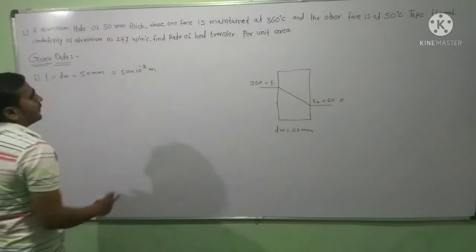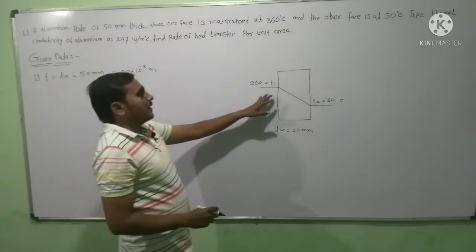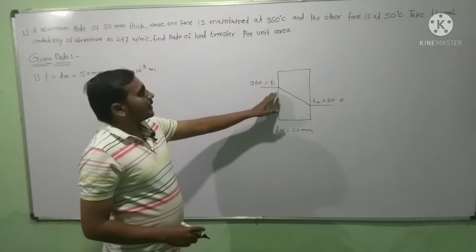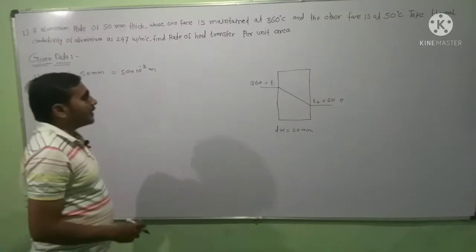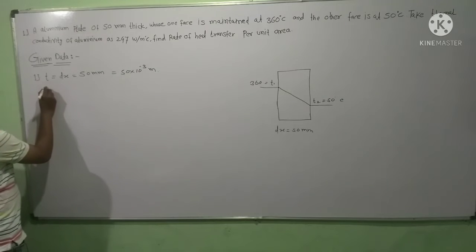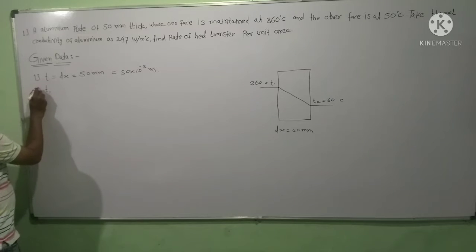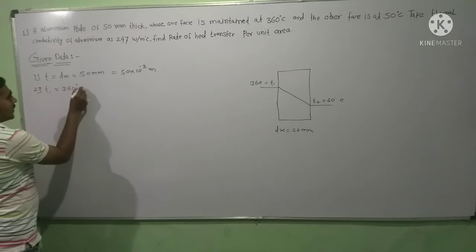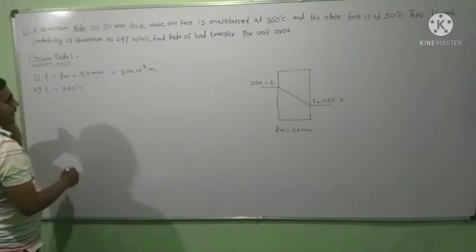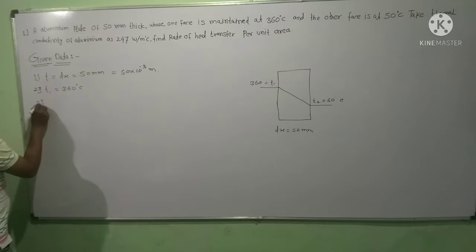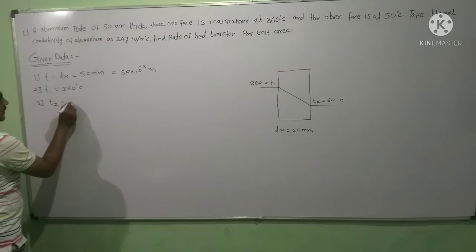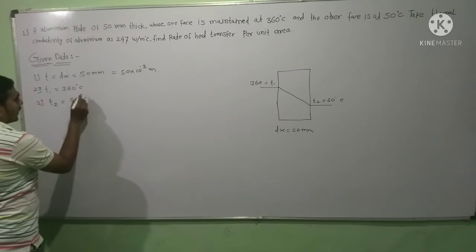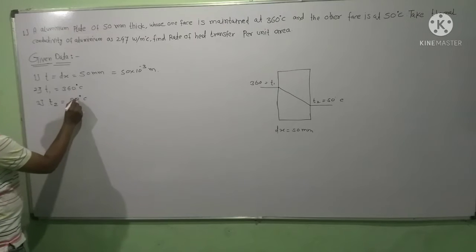One side of this plate is maintained at 360 degrees Celsius. The temperature T1 is given, that is 360 degrees Celsius. After that T2 is given, and that T2 is nothing but 50 degrees Celsius.